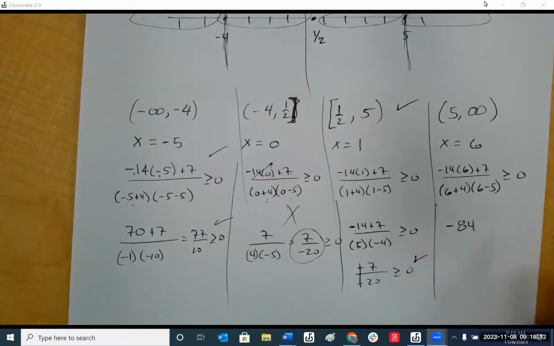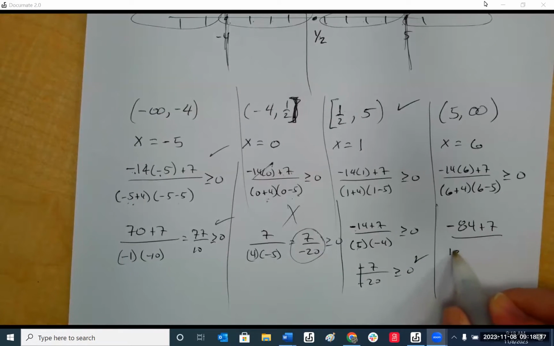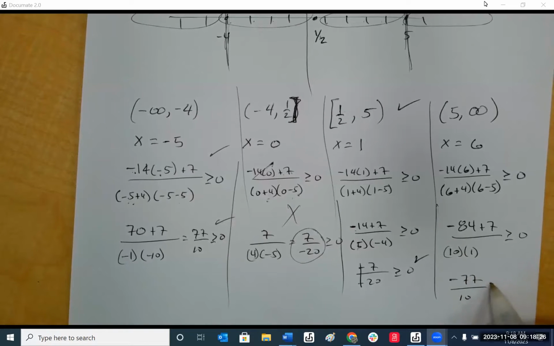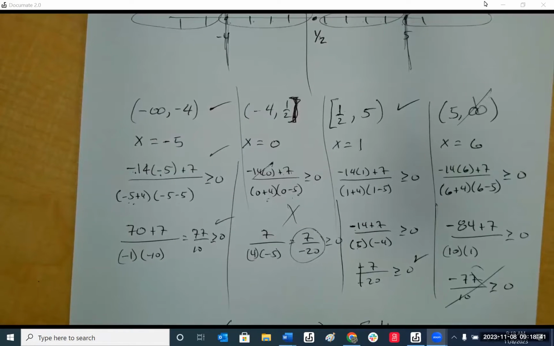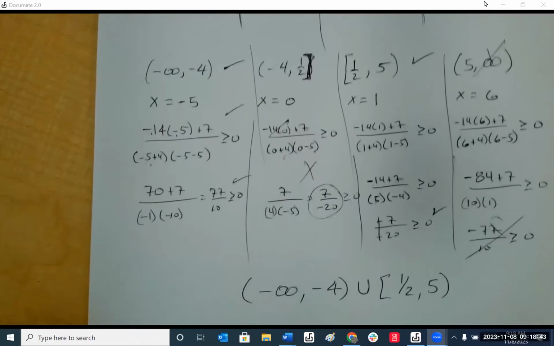Then negative 84 plus 7, over 10 times 1, so negative 77 over 10. This is going to be negative, so that's not going to work. So the only parts of this graph that will work are these two parts.